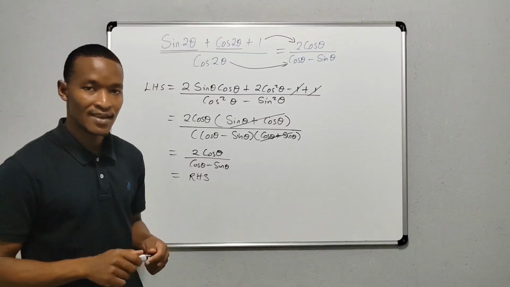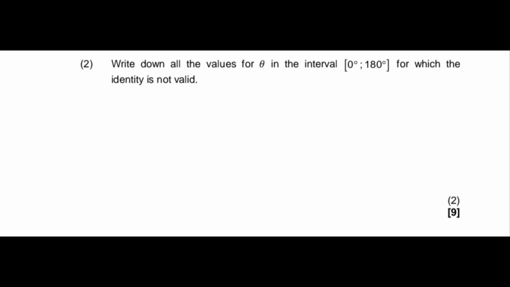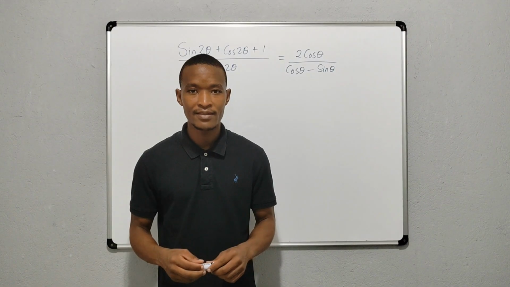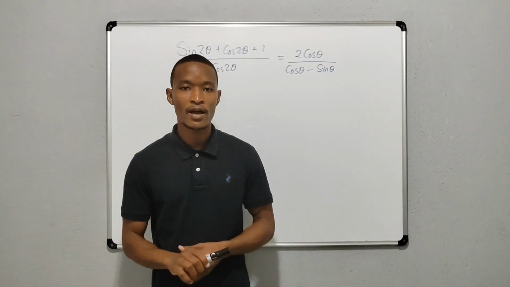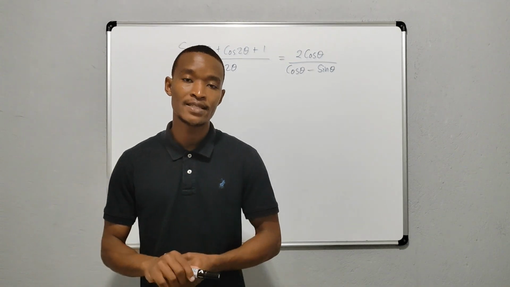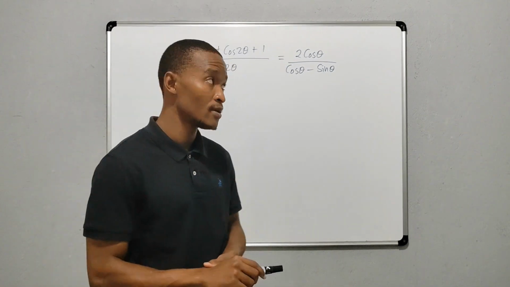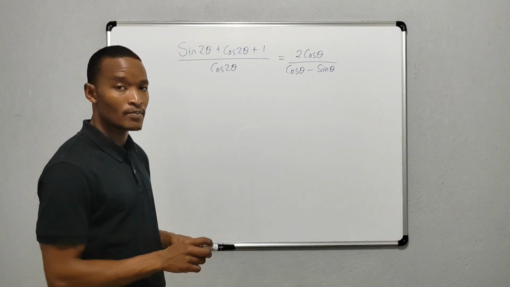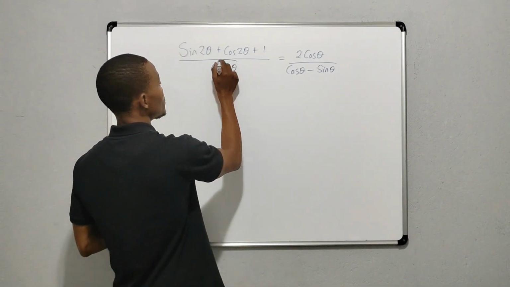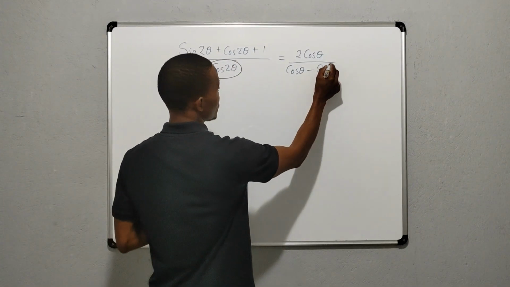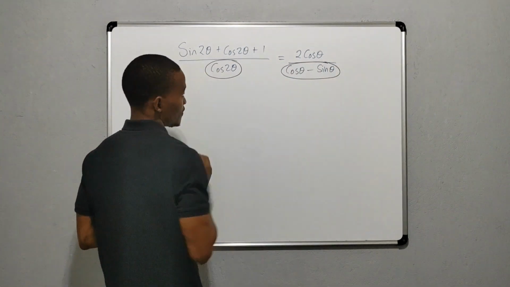All right. Let us look at the next question. Okay, in this question, we are asked to find out the values of theta for which the identity is invalid. Okay, it will be invalid if we divide by 0. So where is the problem? It's right there and right there.